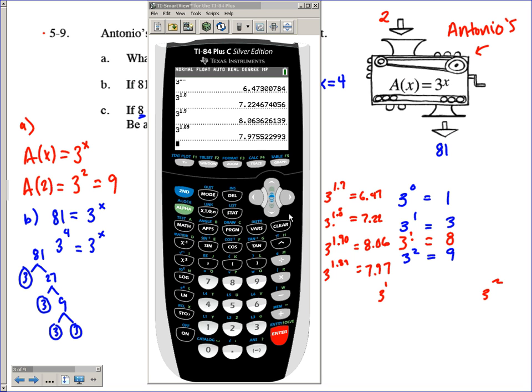It almost rounds to 7.98. So what is closer to 8? Is it 1.89 or 1.90 as our exponent? Well, this one's only 2/100ths off. The other one is about 6/100ths off, so we're going to say it's probably going to be around 1.89.